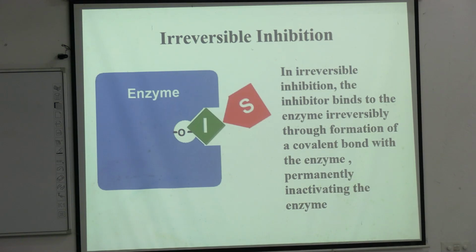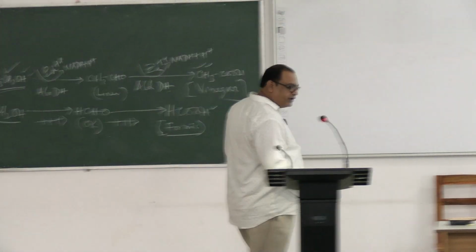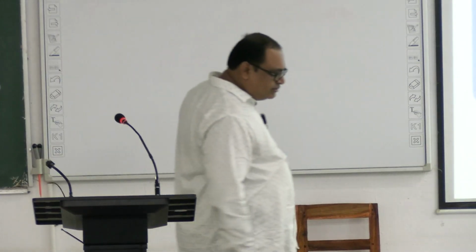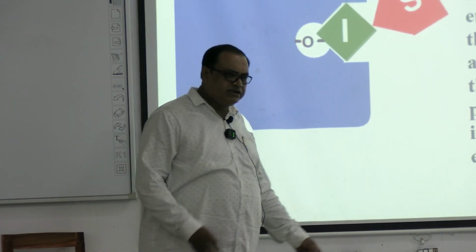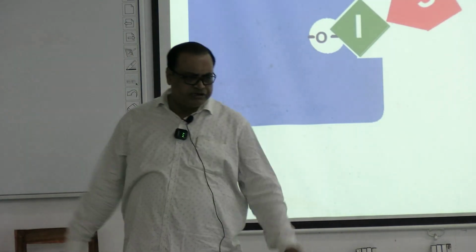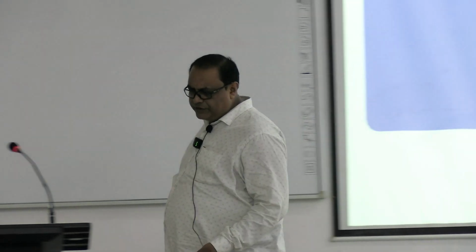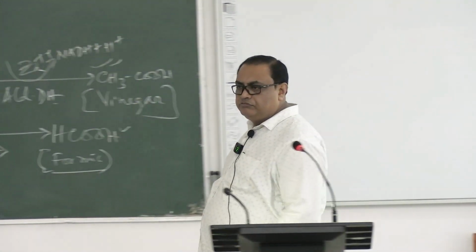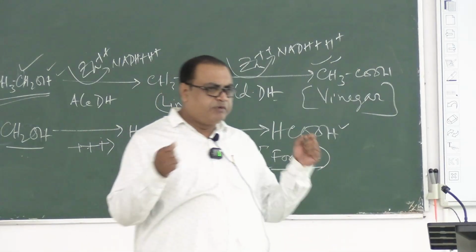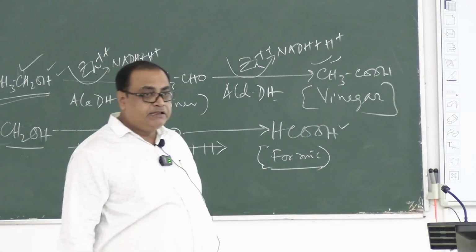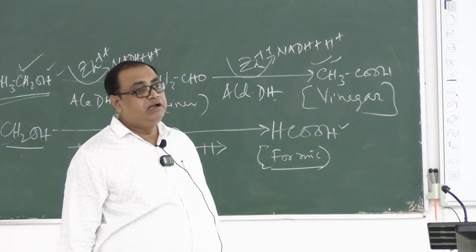Similarly, these inhibitors come to the enzyme, they bind to the active site, whatever may be the reason. They might be structurally similar, they might be more in concentration, they might be through induced fit, they might be through complementary transition state, whatever the mechanism, they will bind to the active site and they will bind permanently. How?